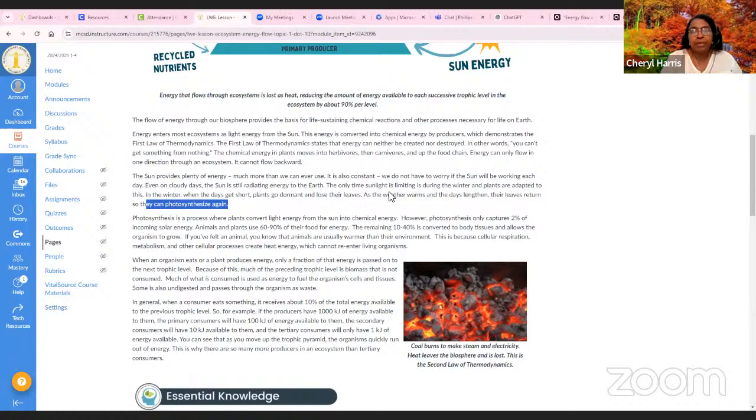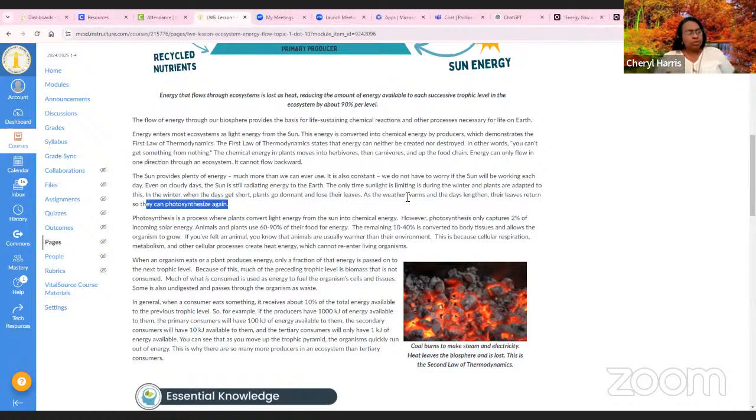Which is why we have the seasons that we have. Trees conserve their energy by dropping their leaves. We live in the temperate deciduous forest, and that means the trees drop their leaves. They don't photosynthesize a lot during the winter because there's less sunlight energy.